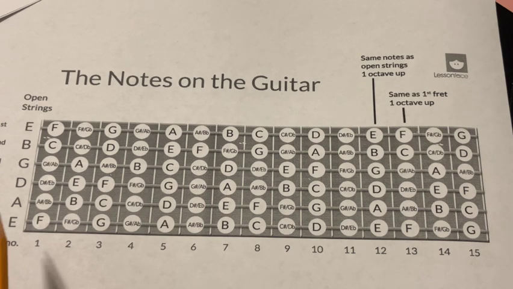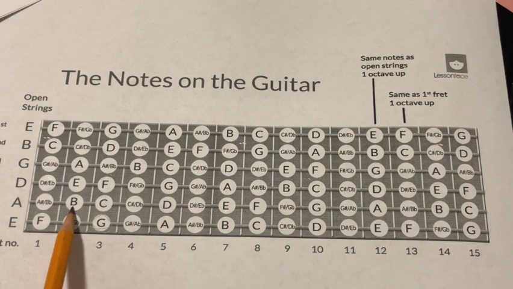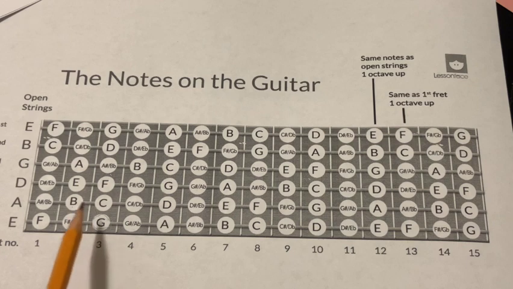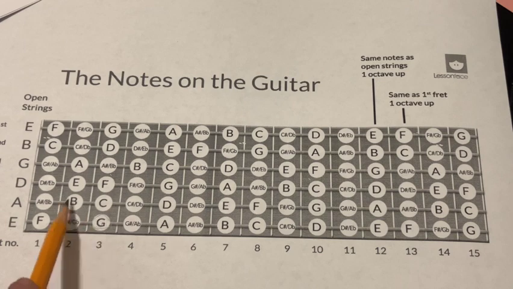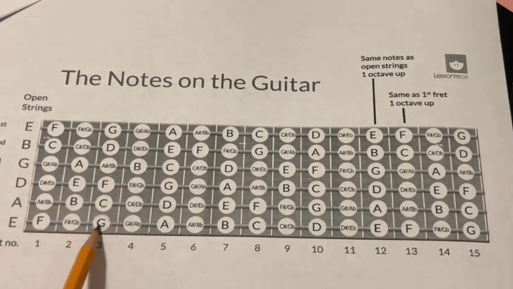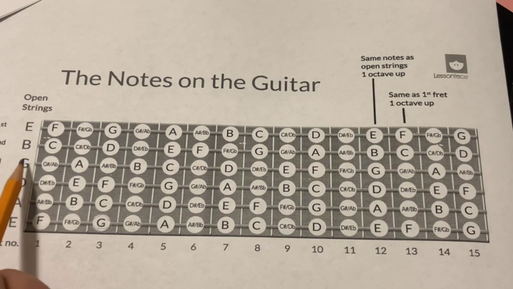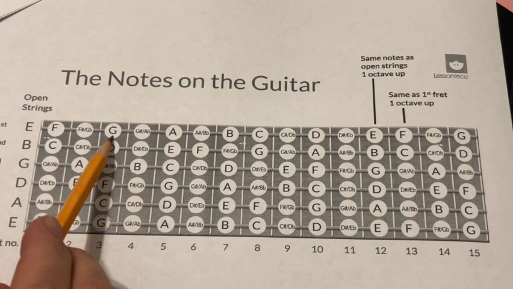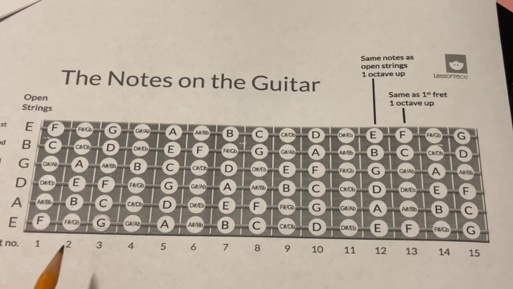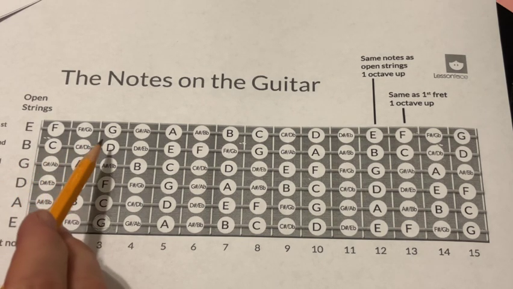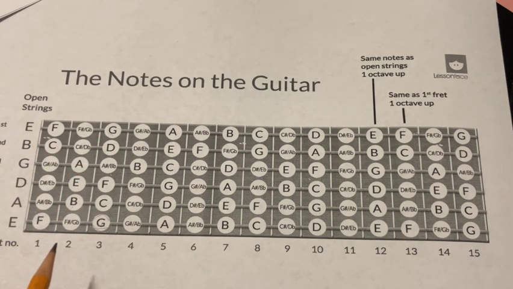If I play the 6th string, the low bass string, on the 3rd fret, that's a G. If I play the 5th string on the 2nd fret, that's a B. And the 4th string open, that's a D. Just knowing the names of each note, I can take a G major chord and say, okay, that's a G, that's a B, that's a D, that's another G, that's a D, or I can play that string open, play a B, and then the 1st string, 3rd fret, that's a G. So we have a combination of G, B, and D. Some of those notes get doubled, but any combination of G, B, and D is a G major chord.